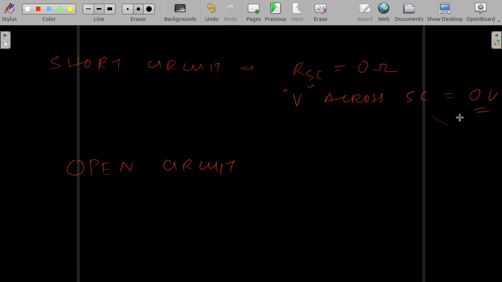When we are solving problems in network theory, we identify short circuits as points across which there is no voltage drop, and sometimes we conclude that because it is the case, it is a short circuit. Anyway, the idea is that because there is no resistance, there won't be any voltage drop, and whatever current is there, it will flow.